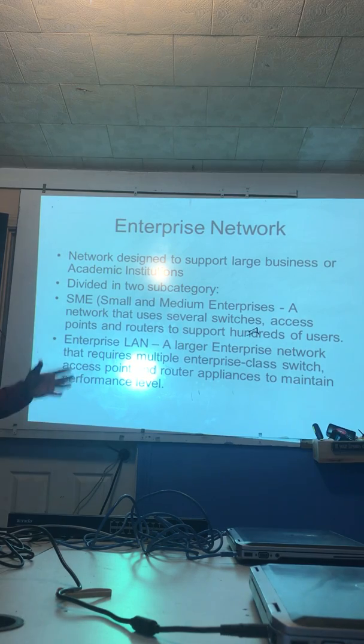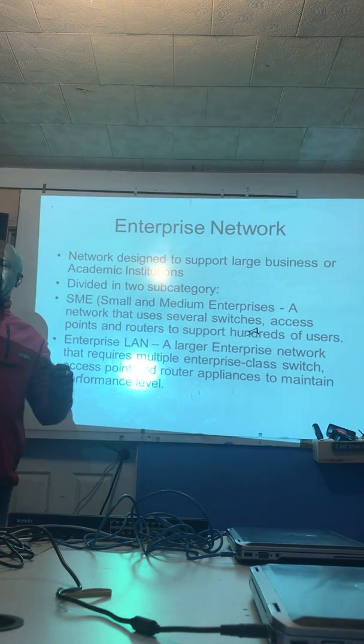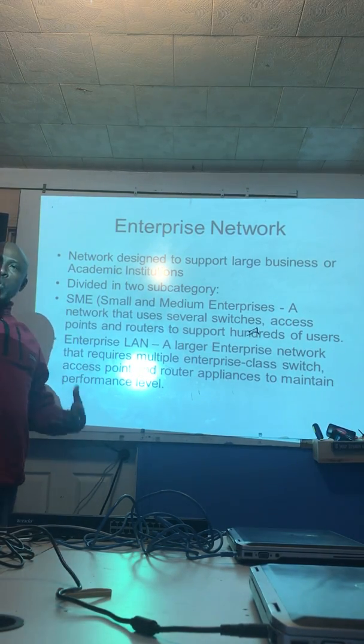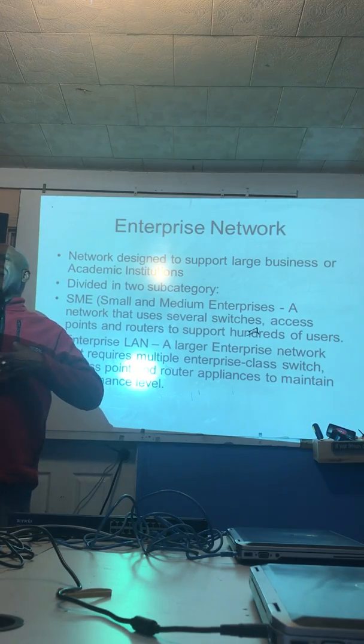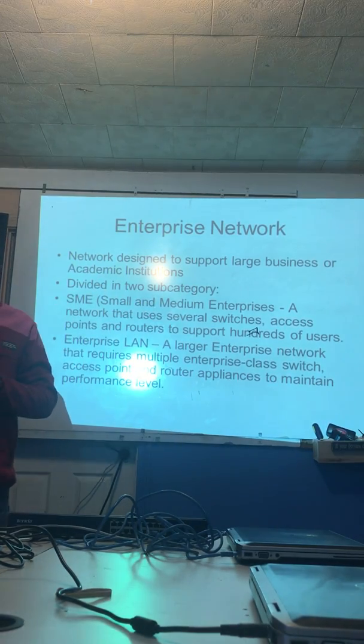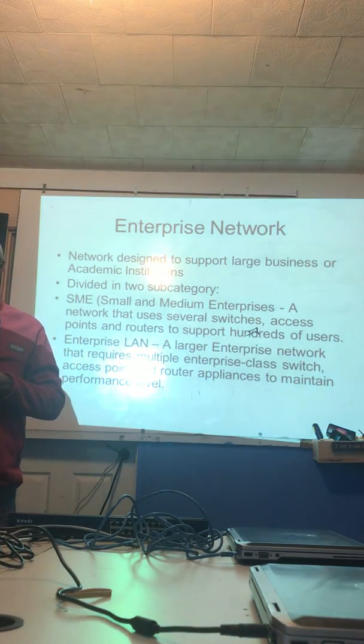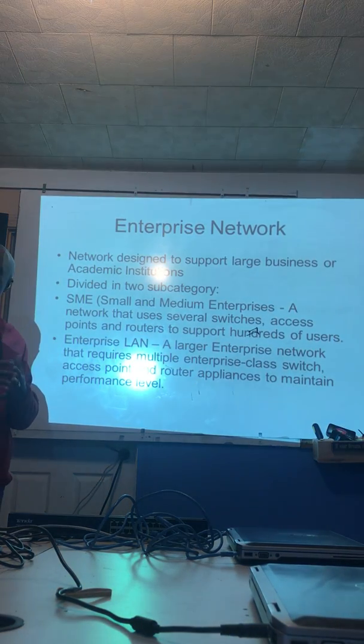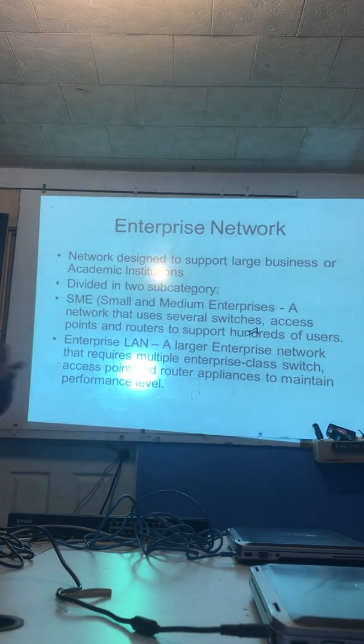They use routers that are commercial grade routers, and those types of networks can support thousands of users, and will provide a reliable connection, a reliable link between many different networks. So enterprise grade network is different than any other type of network.